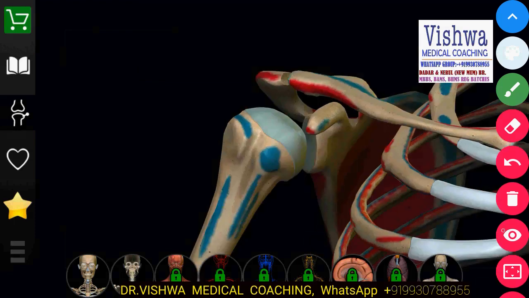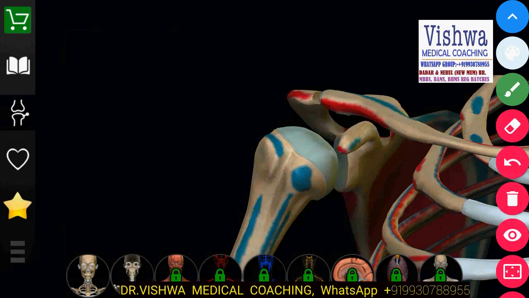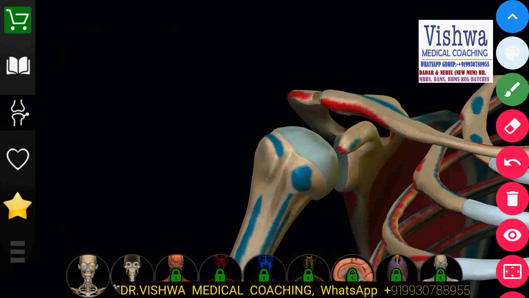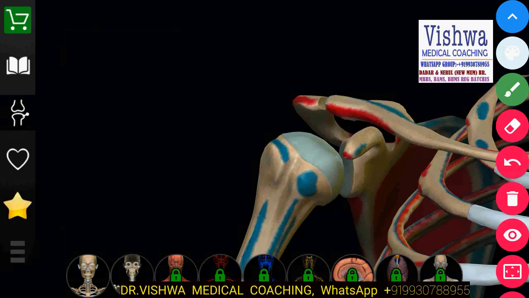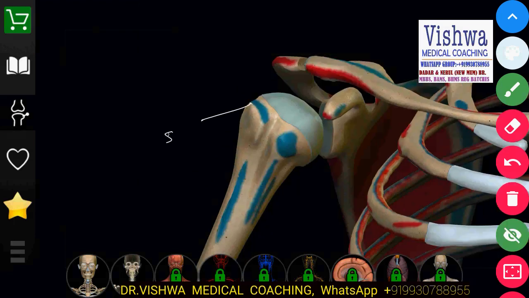All these diagrams are also there in the books. We just have to enumerate some of the muscles. For example, here we have insertion of supraspinatus. You can also take a screenshot in between. Here we have a supraspinatus. Here we have a subscapularis.